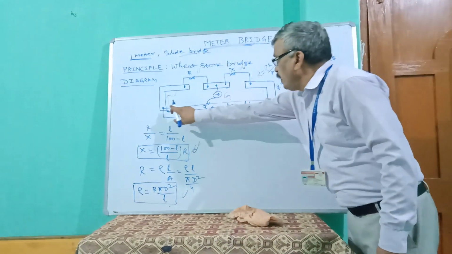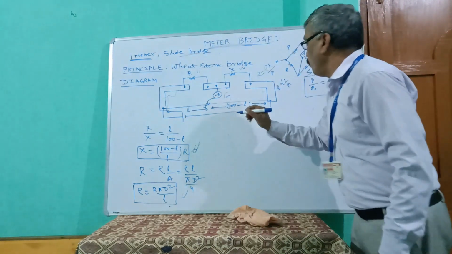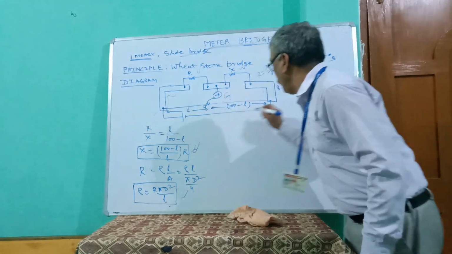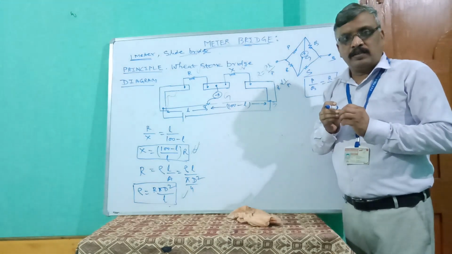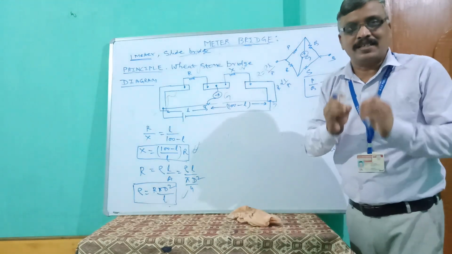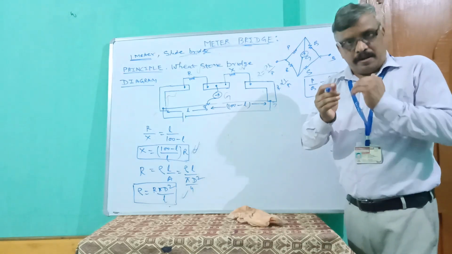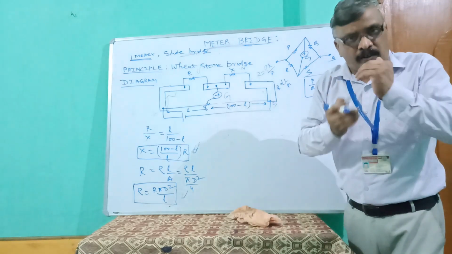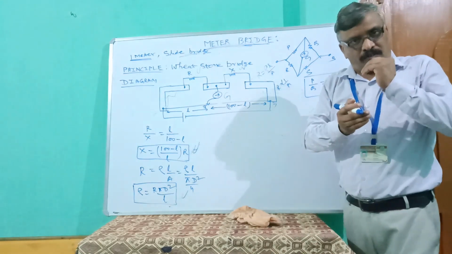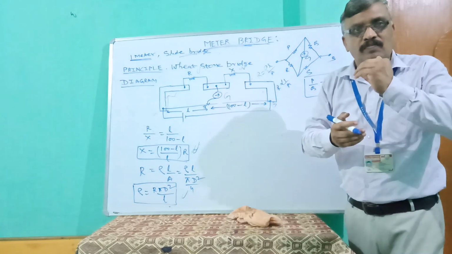Now in this case the question again asks, what is the nature of the material of the wire AB? The material of the wire is a standard resistor like manganin and cast iron. During flowing of the current, a heating effect is observed, as a result of which the value of resistance changes.